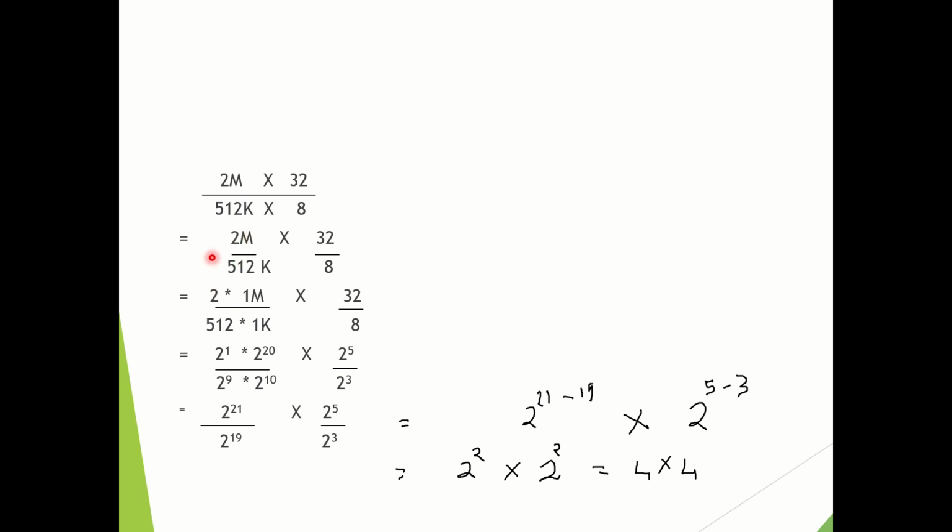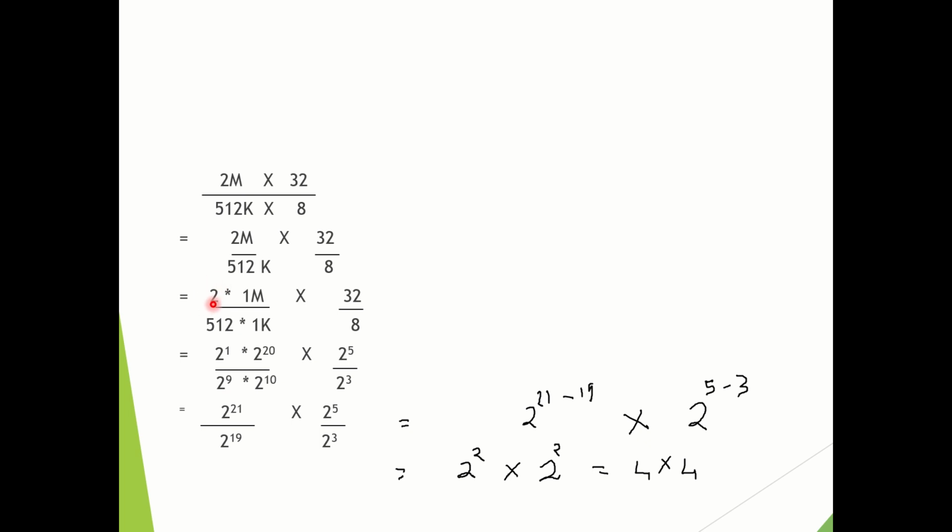How will you find 2M by 512K? The simple method is, we know that 2M is equal to 2 into 1M, divided by 512K, which is 512 into 1K. 32 divided by 8 is very easy to find. Next, we represent these as powers of 2.